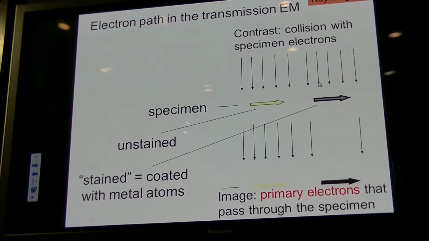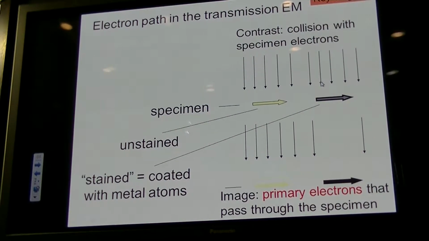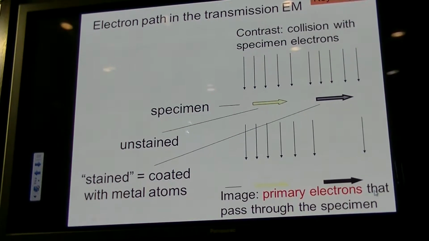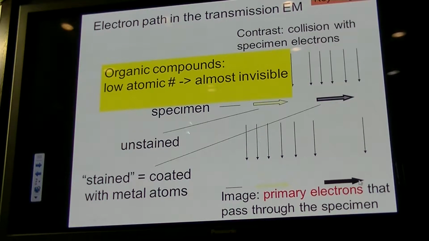They are focused on the sample. The ones that make it through the sample to the objective lens contribute to bright spots in the image. So the primary electrons that pass through the specimen form the image. Okay, so keep in mind, organic compounds are of low atomic number, are invisible, we need to stain.